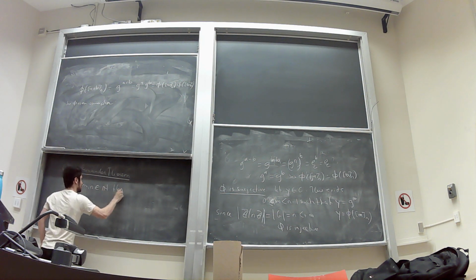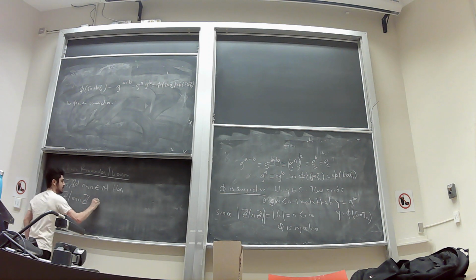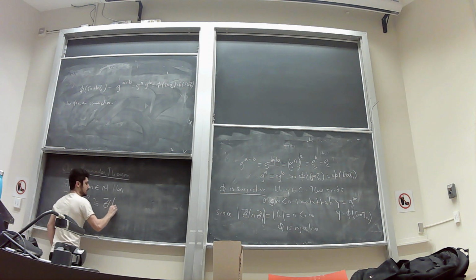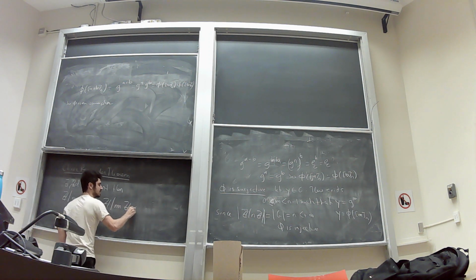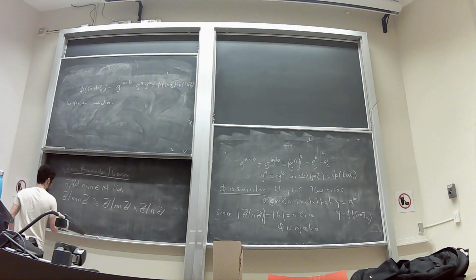Then Z modulo mnZ is isomorphic to Z mod mZ times Z mod nZ if and only if the GCD of m and n is 1. Okay?